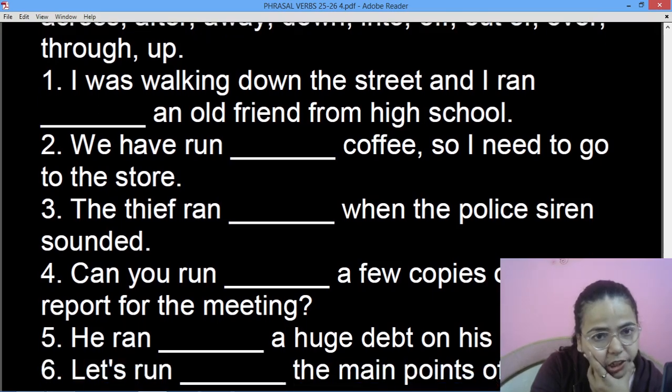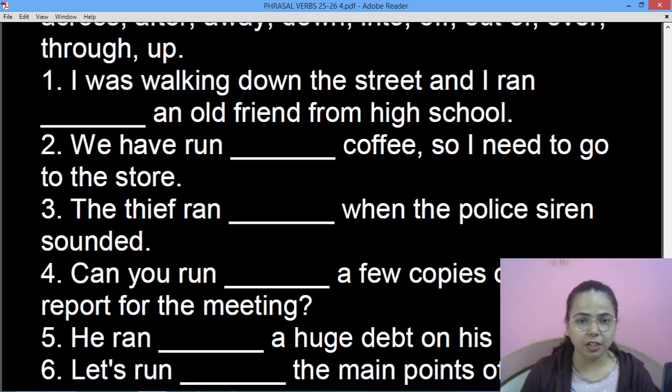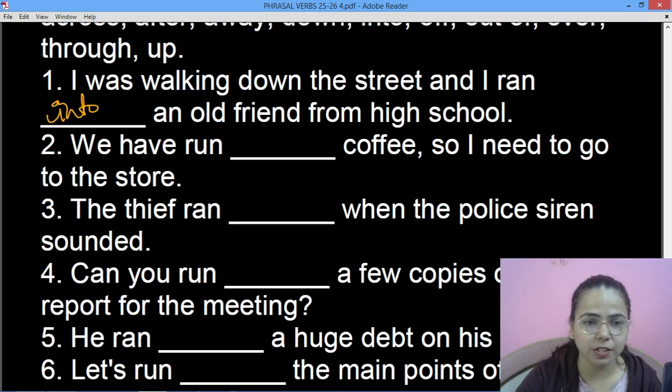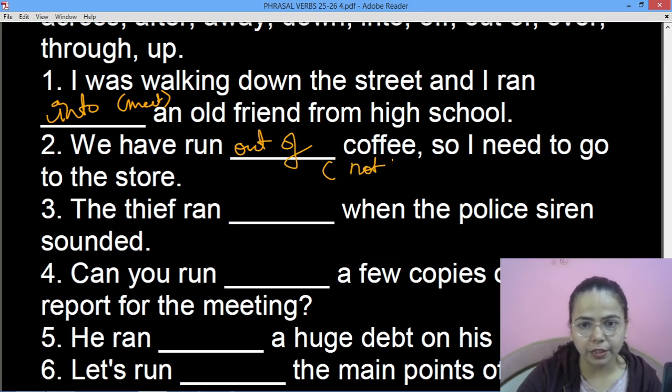Now we have the examples, the exercises of it. I was walking down the street and I ran into an old friend means I met someone unexpectedly. Then we have run out of coffee means something is not left, it is finished.